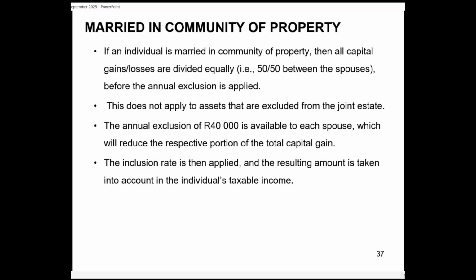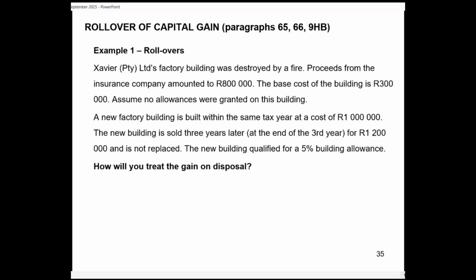We'll start with the example of rollover, then I will recap on what we did, and then we'll also talk about marriage in community of property. This example is too long, so we'll do it on Saturday. I will recap on what we have done, and then do the rollover and the other examples on Saturday.